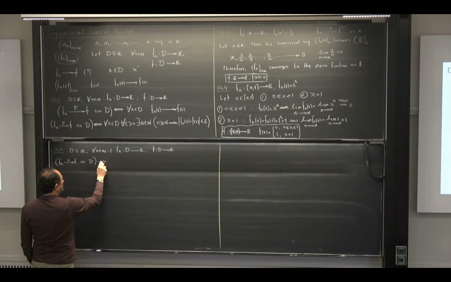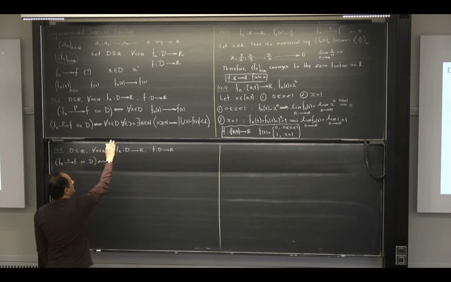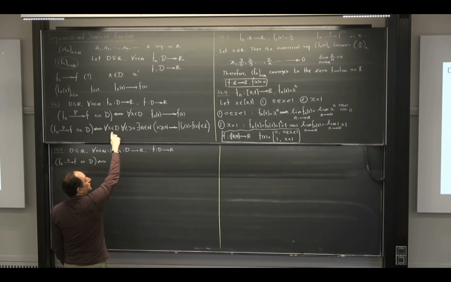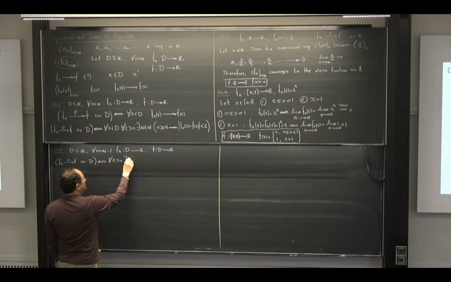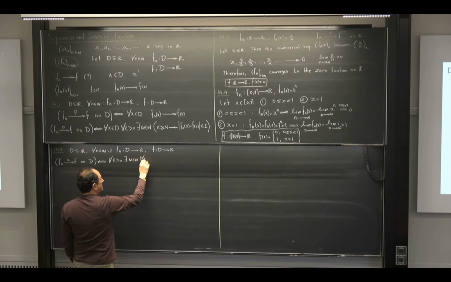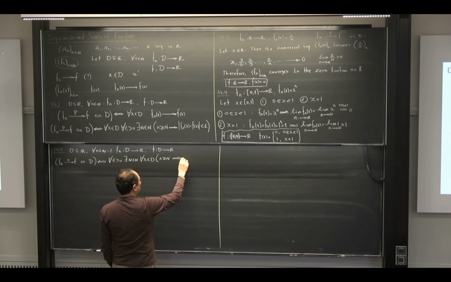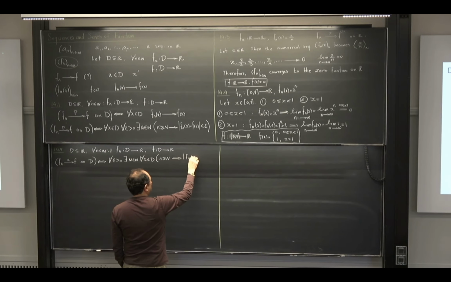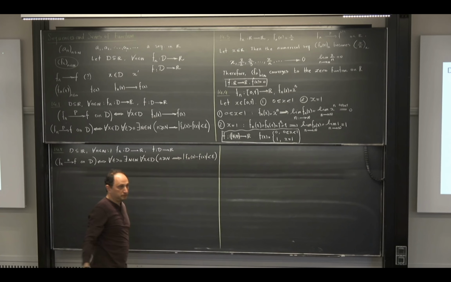if and only if this will move here. Okay, so it means that for every epsilon, you can find a fixed natural number so that for every x in D, this works. Yes?